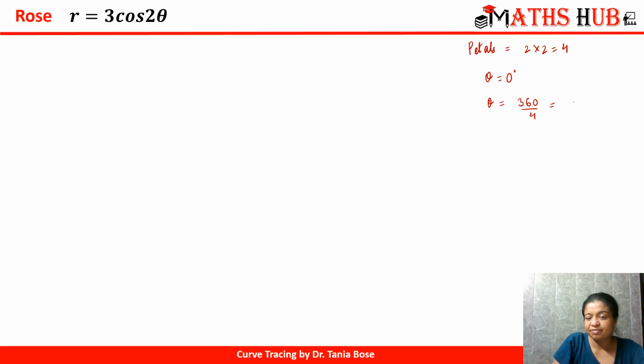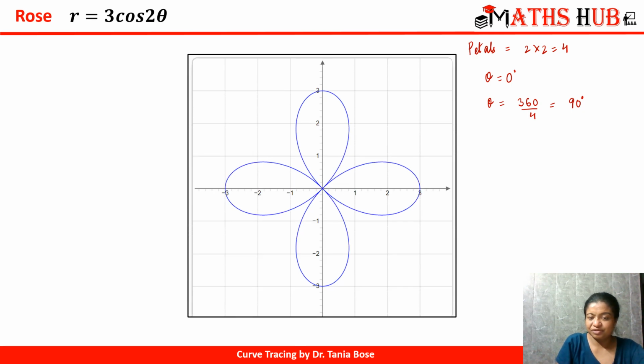So 360 by 4 is 90 degrees. So let us see. You can see that n is less in number, so it is a bit circular, right? This is the first leaf at 0. Then it is getting shifted at an angle of 90 degrees. The rest are also getting shifted by 90 degrees.